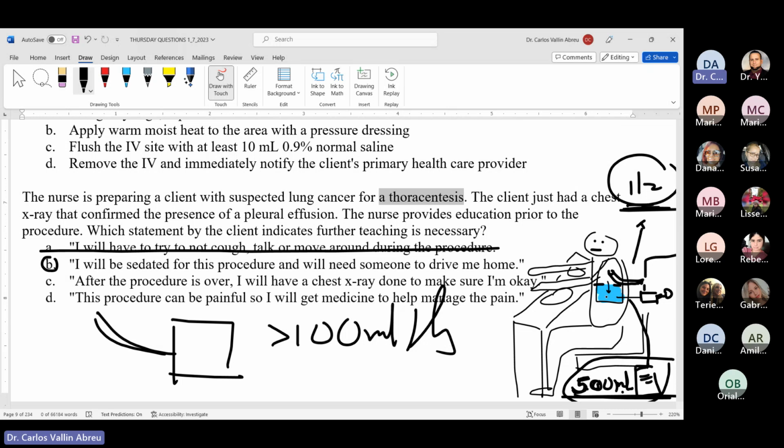There are some cases like the tumoral pleural effusion in which the doctor needs to remove as much as 100 milliliters to improve the mechanics of the respiration.